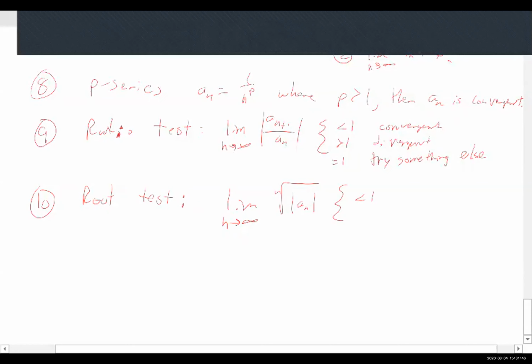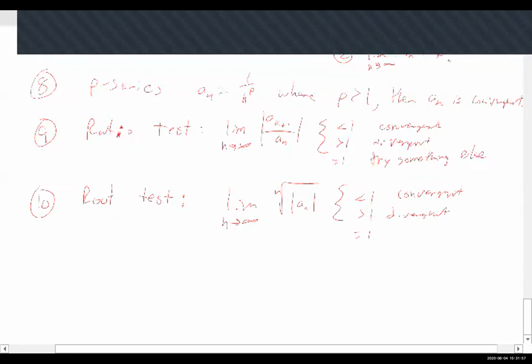If that is less than 1, then it's convergent; greater than 1, divergent; or equal to 1, try something else.